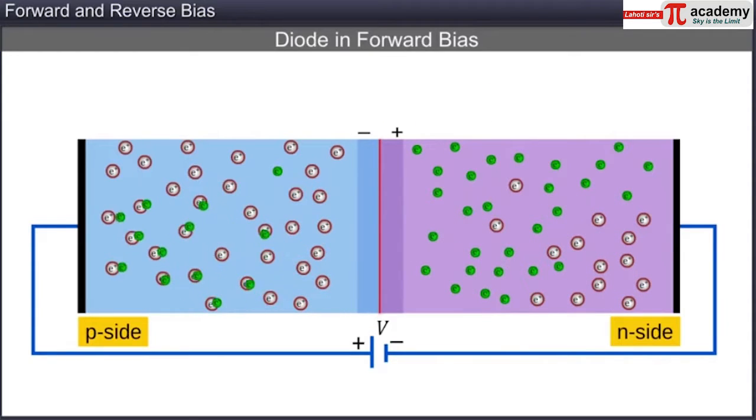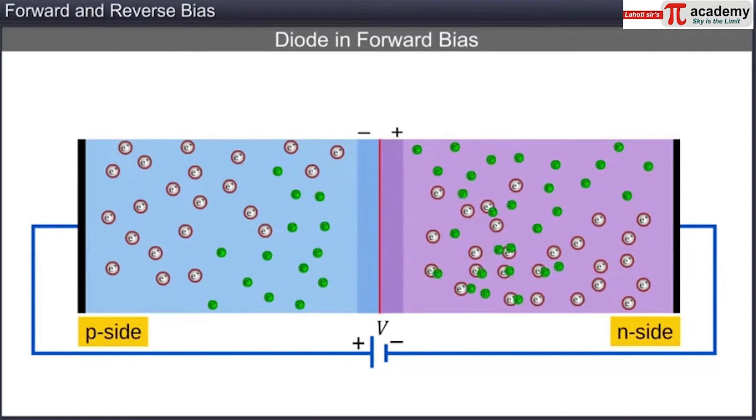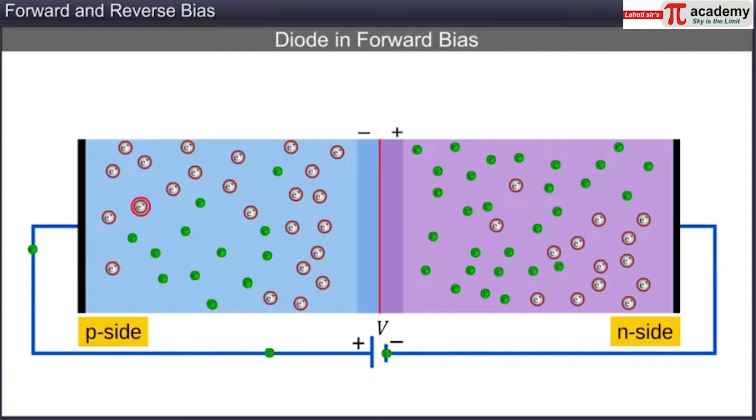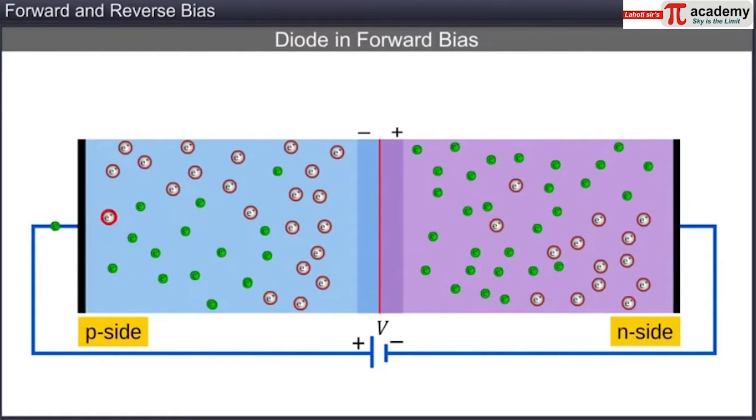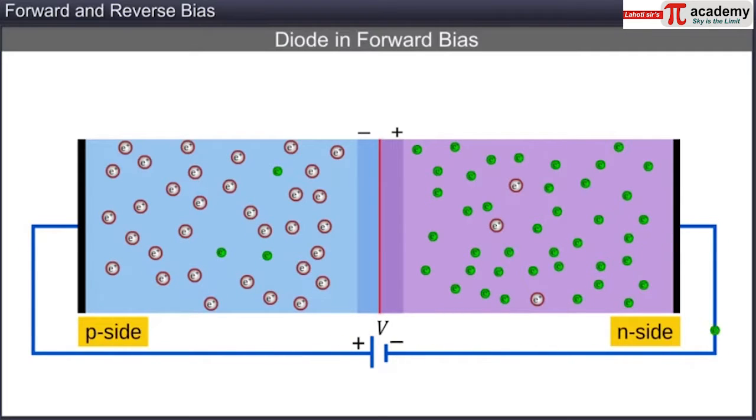As a result of the minority carrier injection in a forward biased diode, the diffusion current increases much above its equilibrium value. But the drift current remains almost unaffected since the rate of formation of hole electron pairs is almost constant and is independent of the electric field applied by the battery.